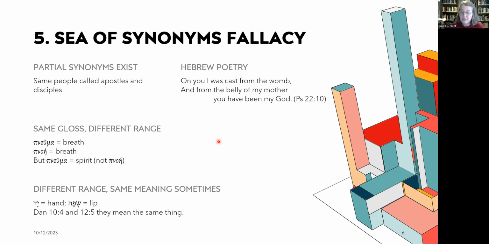But also, sometimes Hebrew poetry will add a line that changes the meaning just a little bit. So you have to look at context and figure out, here I think they're synonyms, and here I think there's some nuance going on.